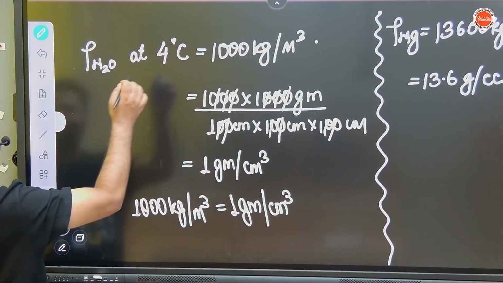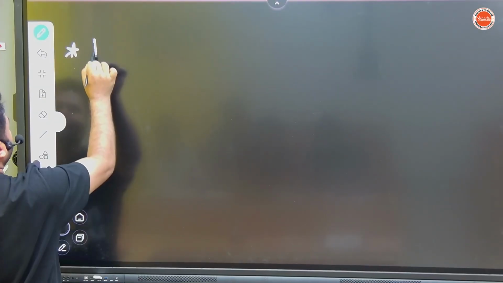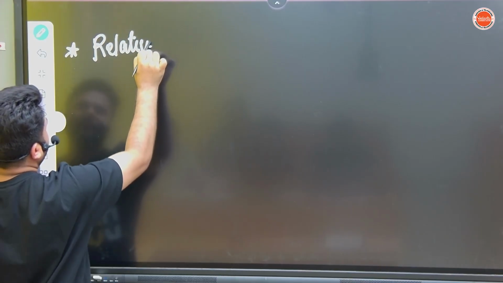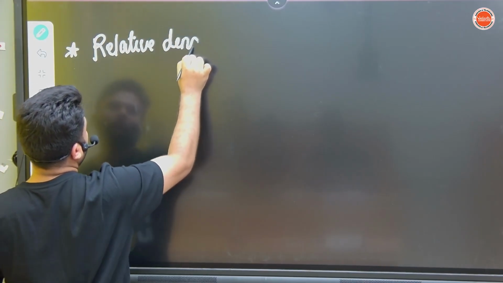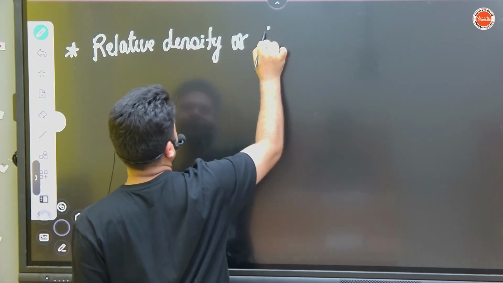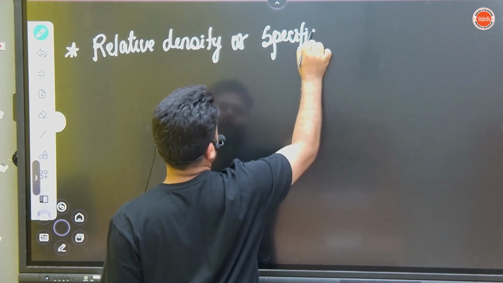Then we have another term which is called relative density, or it is also known as specific gravity.